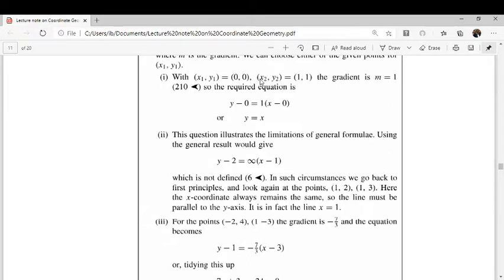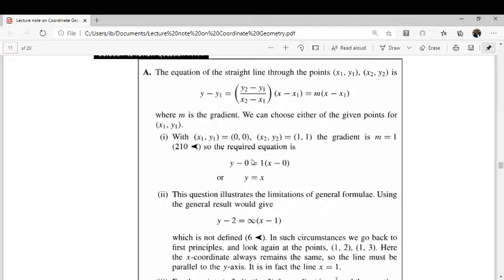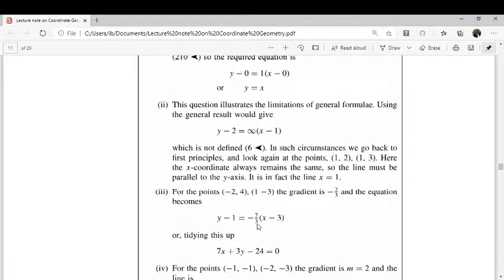You can use your idea of gradient, you know that this is m. But you want to find the equation of this line. Already you know your S1, go back to your formula. You are using this, and you are using this. So when you substitute it, you have y is equal to s. In this place, m is infinite.